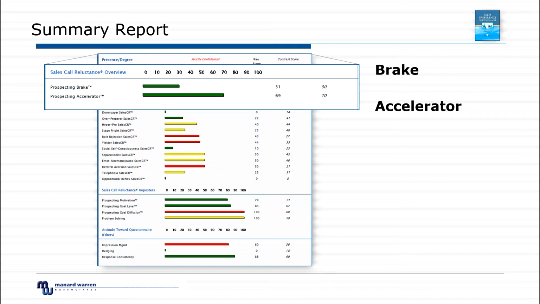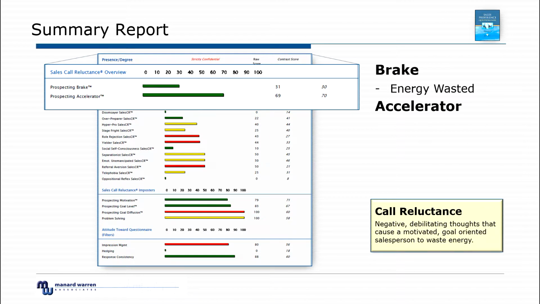Prospecting Break is a measurement of how much energy you are potentially wasting due to call reluctance. The layman's definition for call reluctance is negative, debilitating thoughts that will cause us at that moment of truth to be inactive.